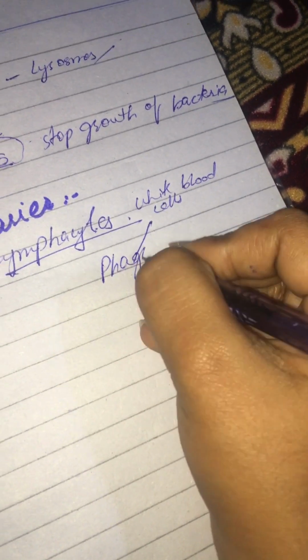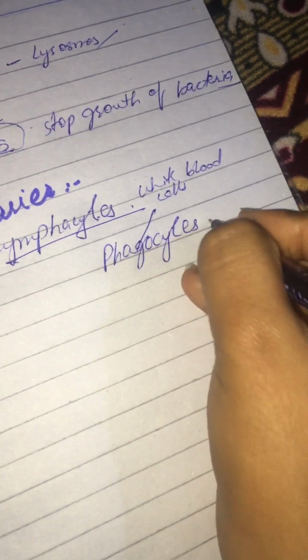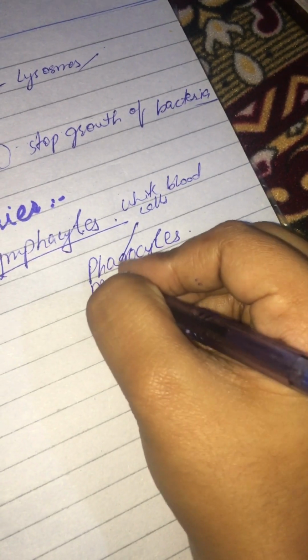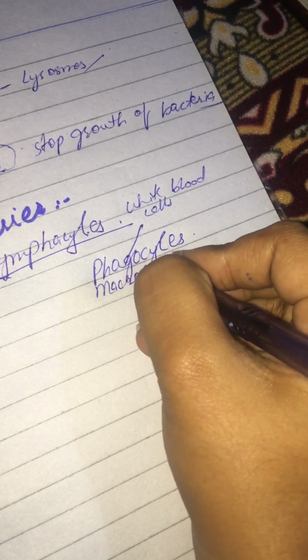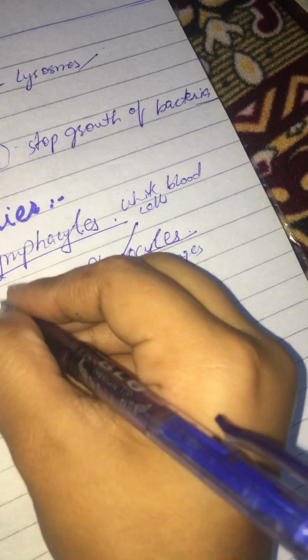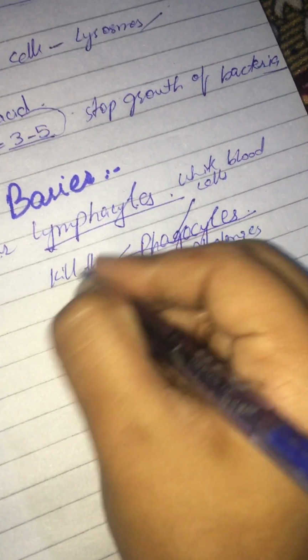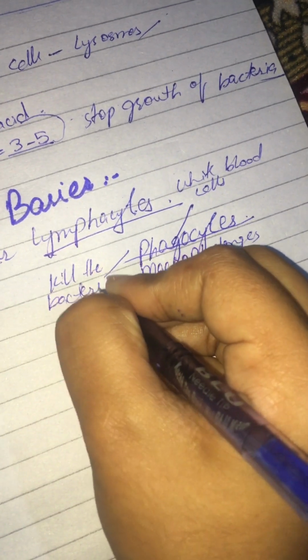As we know, white blood cells have a lot of phagocytes and macrophages. These phagocytes help to kill the bacteria. Then we have the macrophages.